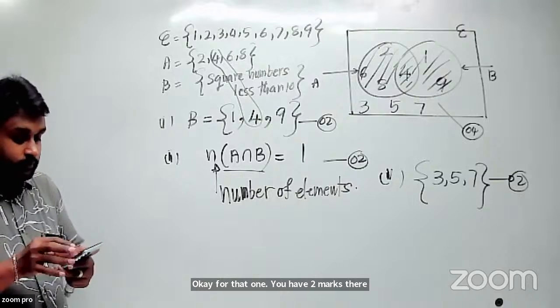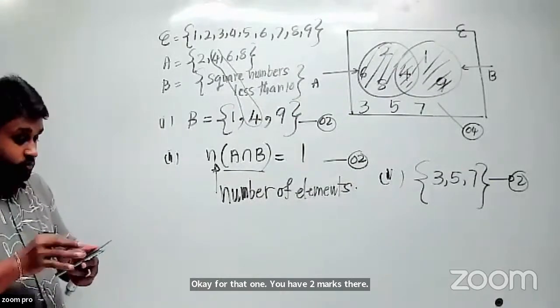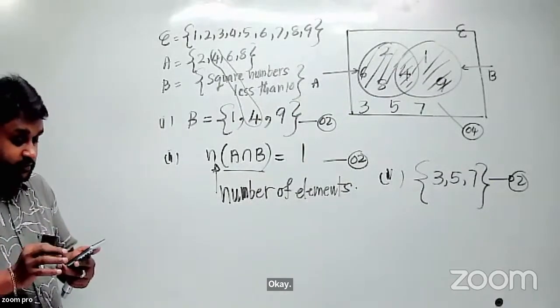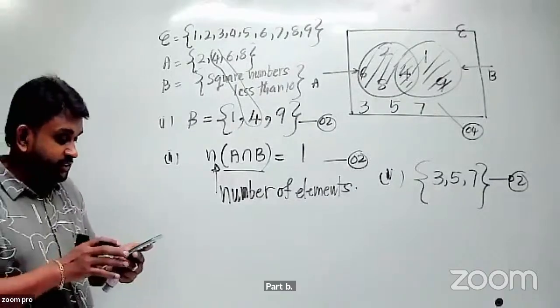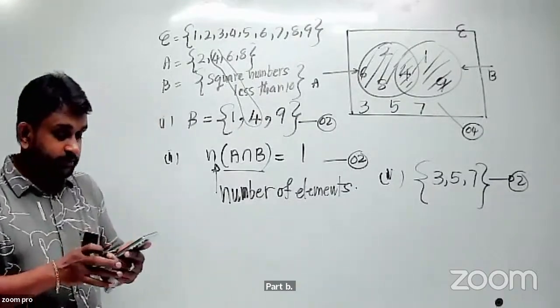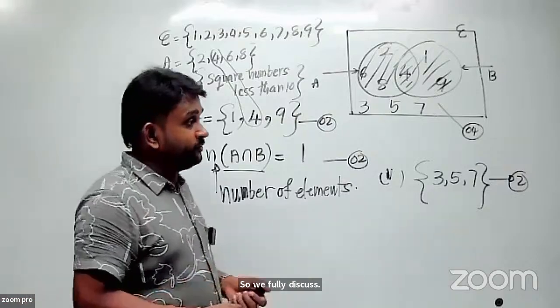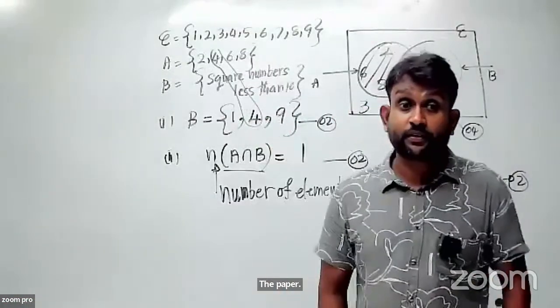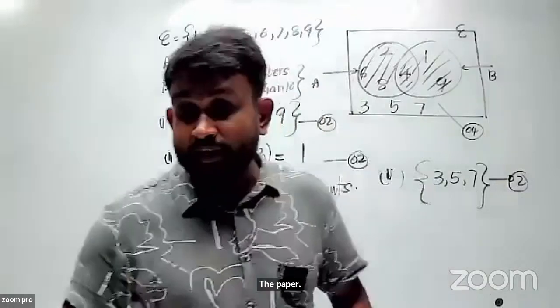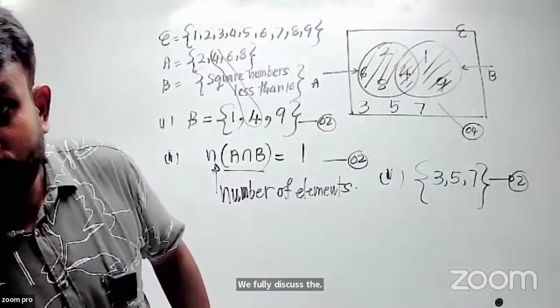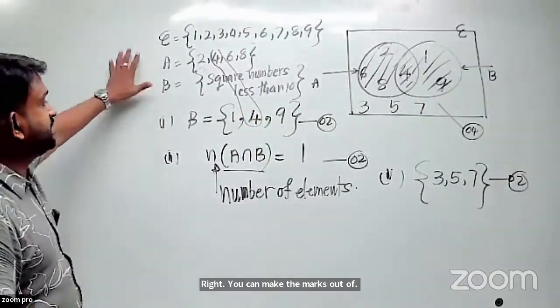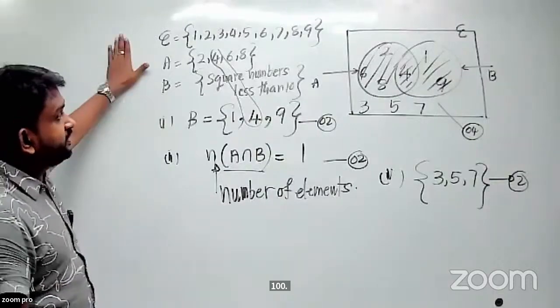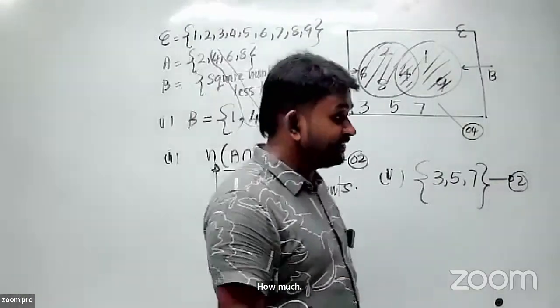Okay. Now make the marks for part B. So we fully discussed the paper. You can make the marks out of 100. Here we had 50 marks and previously we had 50 marks.